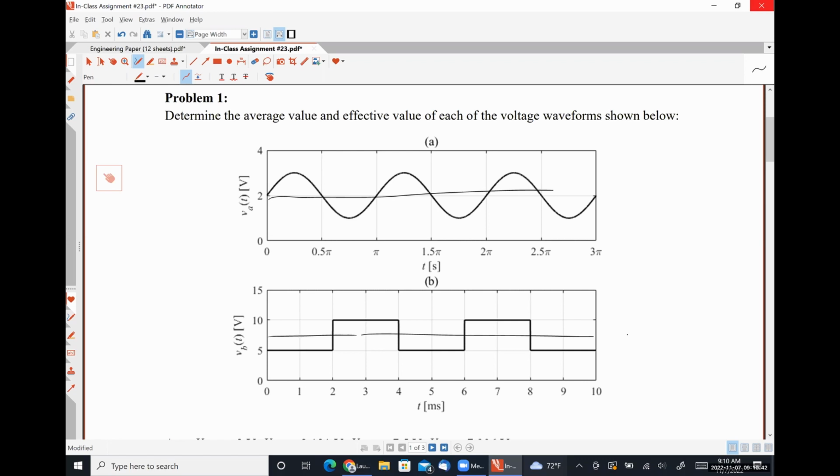So if we had that sinusoid right there, but instead of oscillating between 3 and 1, it was oscillating between 1 and -1, what would its effective value be? 1 over the square root of 2. It's a sinusoid.